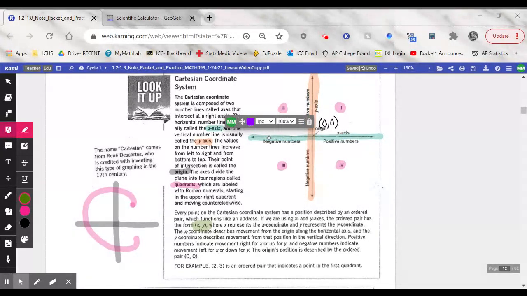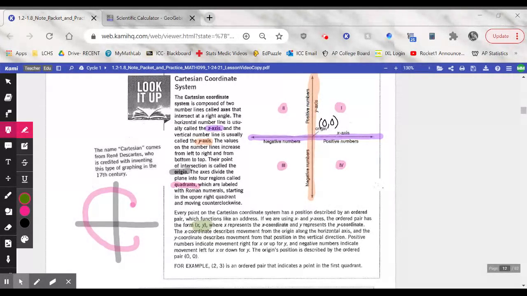If it's to the left, it is a negative number. For your y-axis, you look at the direction from the origin as far as if it's above or below. So anything above the origin is going to be a positive number for your y. Anything below the origin is going to be a negative number for your y.